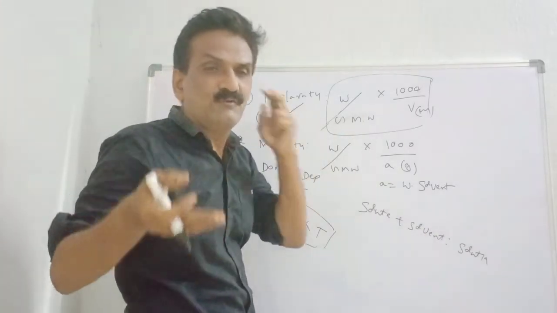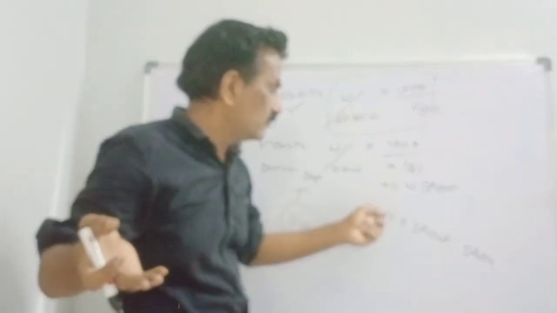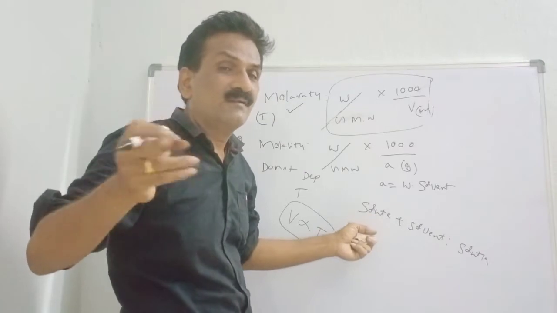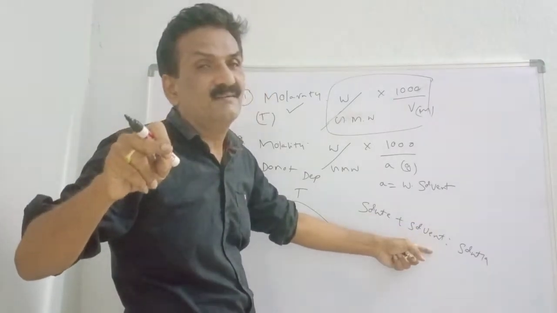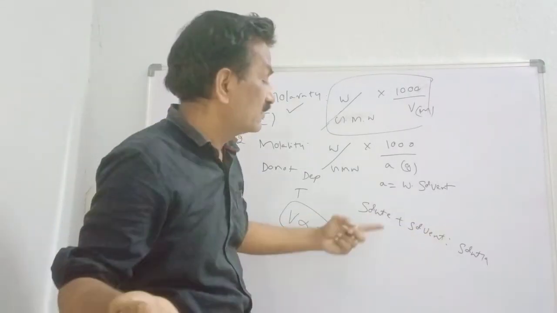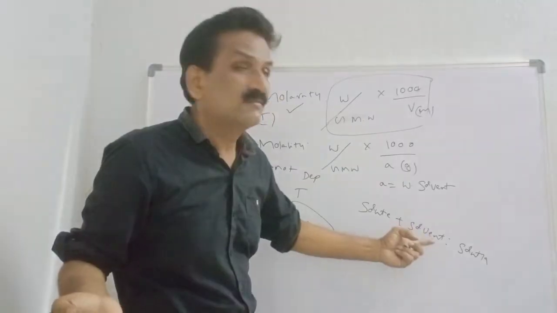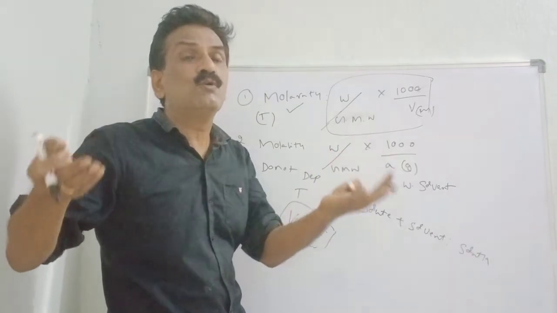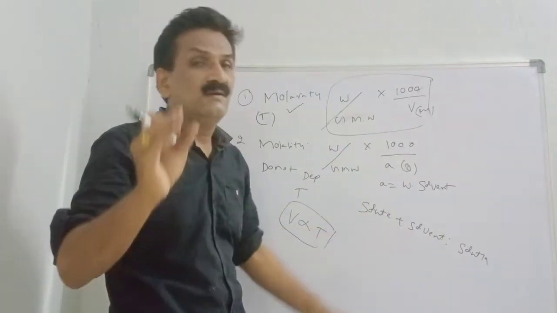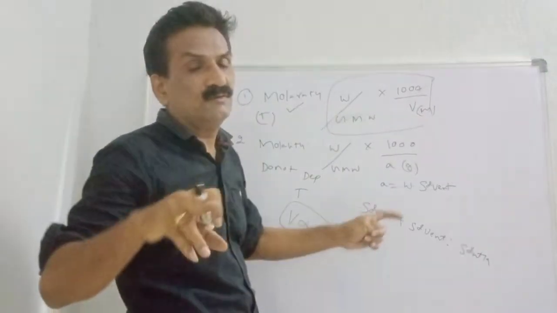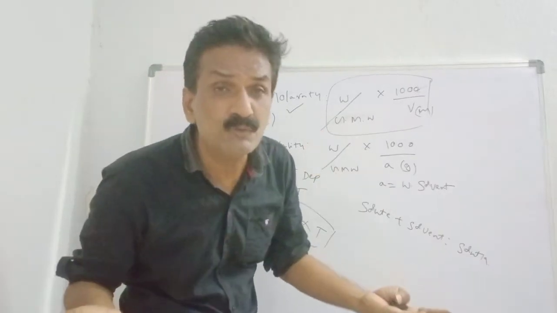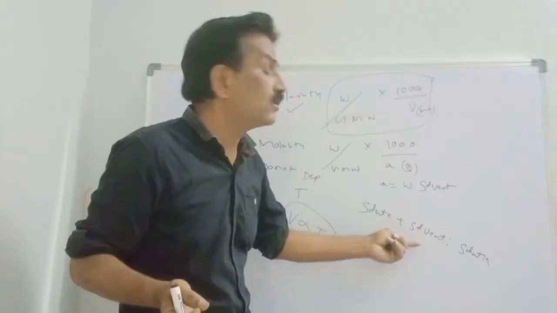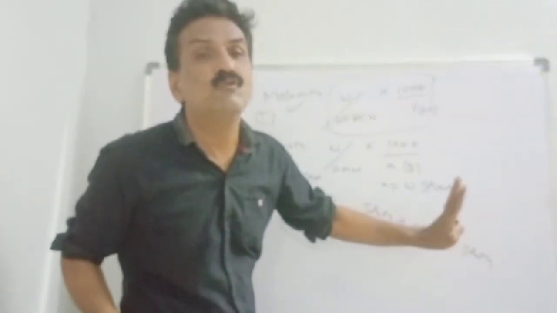If you take sugar water, sugar is solute, water is solvent. If you take salt water, salt is solute, solvent is water. So higher quantity is called solvent, lesser quantity is called solute. Solute plus solvent, a homogeneous mixture of 2 or more components, is called solution.